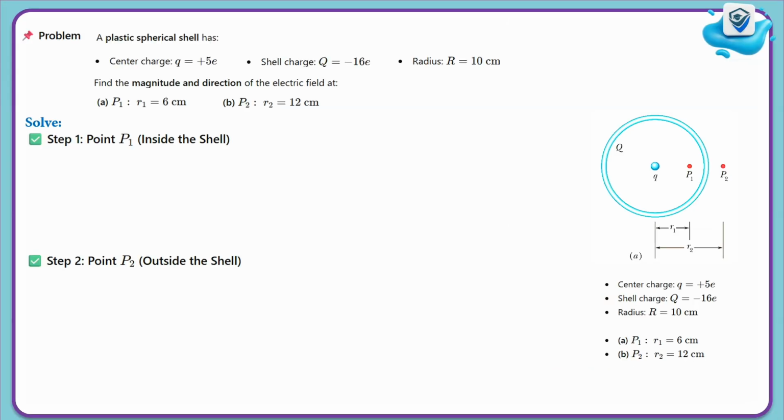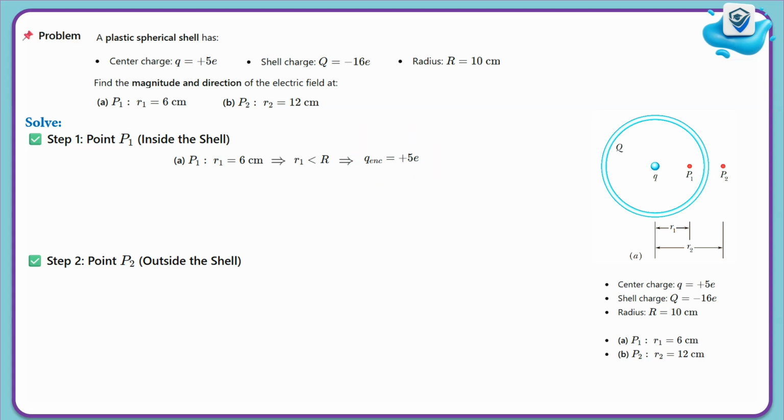Now let's solve the problem step by step. Step 1. Let's start with point P1. Since r1 is smaller than R, the point is inside the spherical shell. According to Gauss's law, only the charge enclosed by the Gaussian surface contributes to the electric field. So the enclosed charge is simply Q enclosed equals plus 5e.